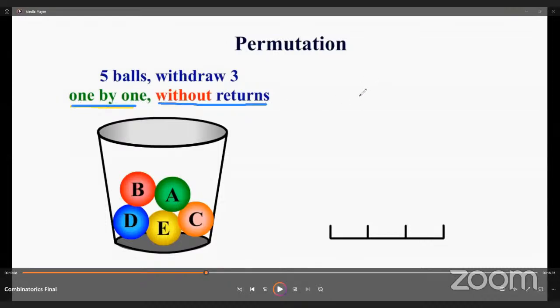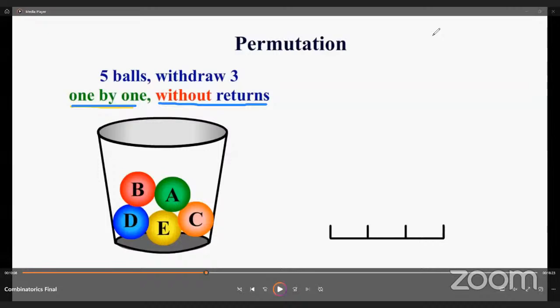So the one before, you take 1 by 1 with return. So 1 by 1 with return, and 1 by 1 without return.